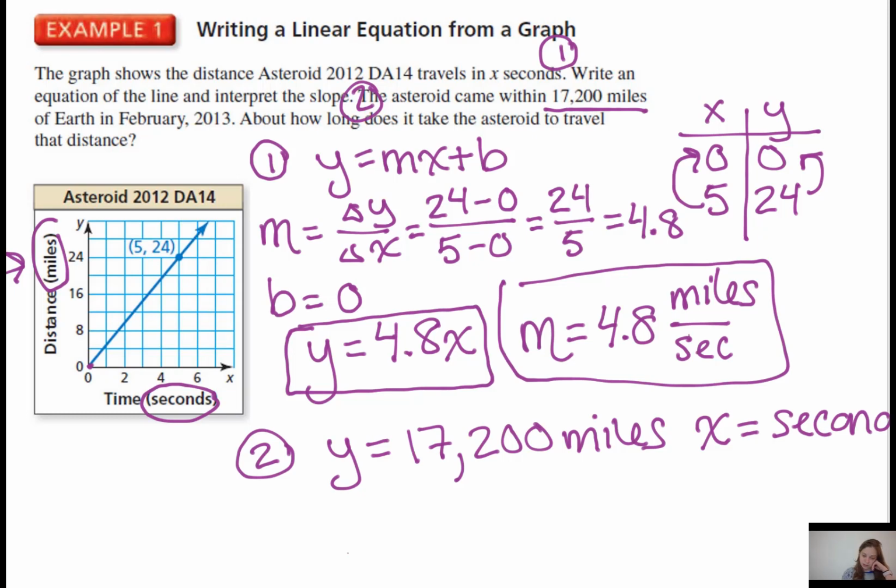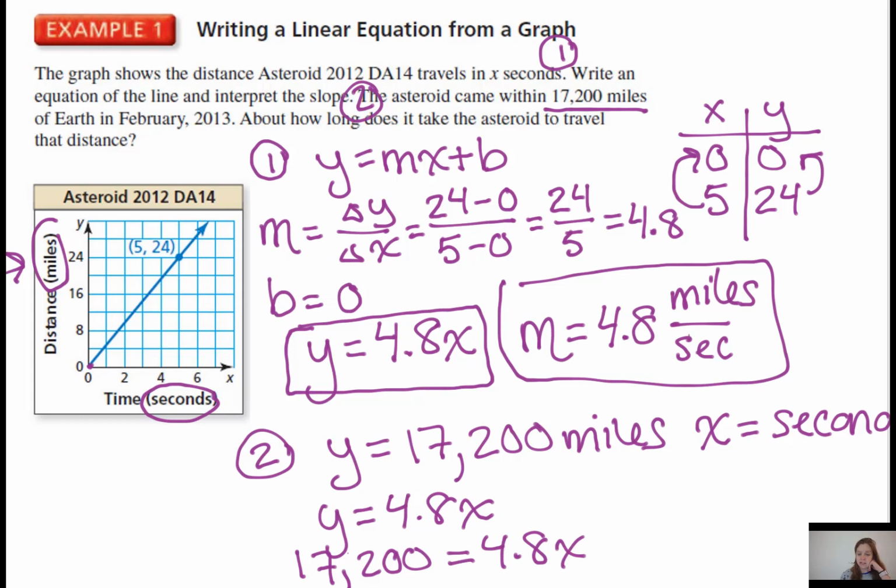So I'll use my equation, y equals 4.8x. I know what y is: 17,200 equals 4.8x. To get x by itself, I divide both sides by 4.8, and I get that x is approximately 3,583 seconds. I used a calculator to get that value.